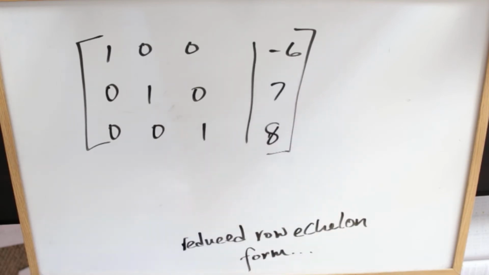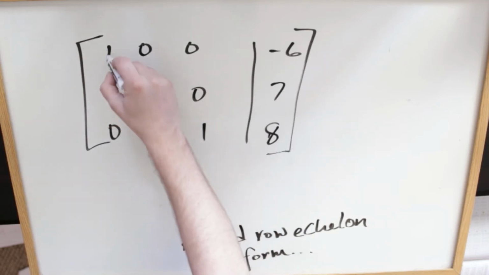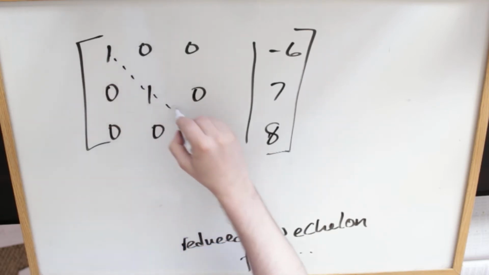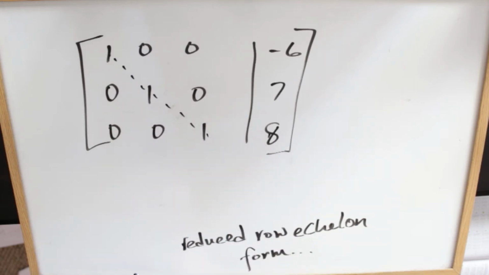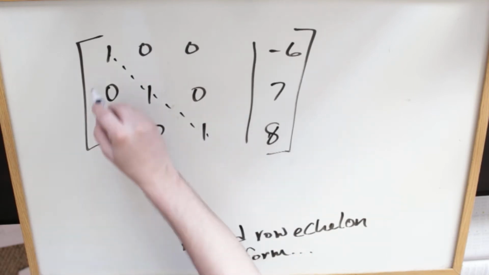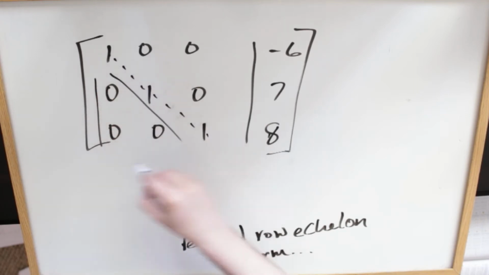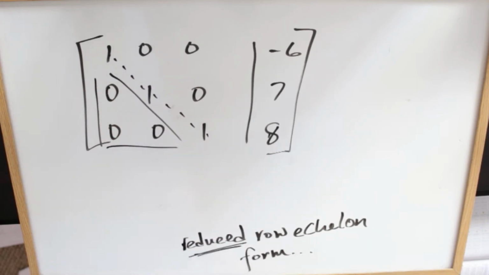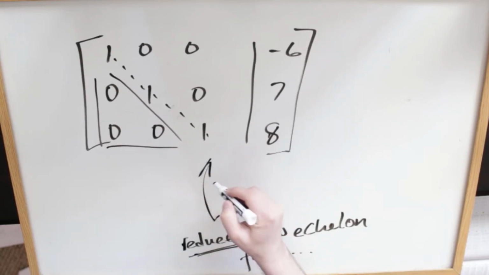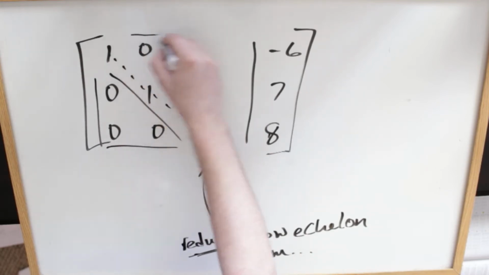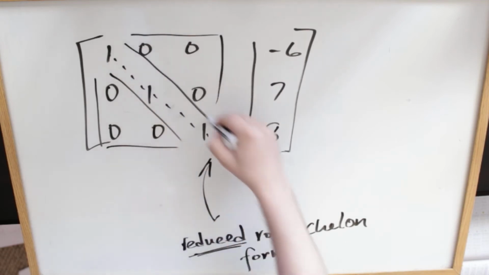Okay, makes no difference. So what's a reduced row echelon form? Well, row echelon means that we've got our diagonal. It's going to be the 1s. We've got a triangular 0 pattern on the bottom, but the reduced part of it right here is going to come in where we have a triangle also in the upper right. Okay?